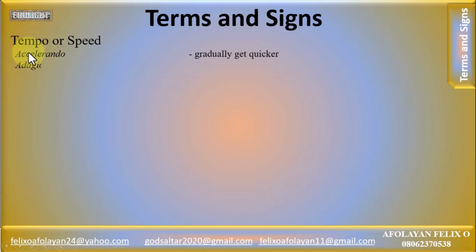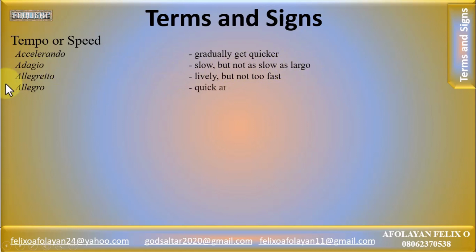This is accelerando. When you see accelerando in your piece of music, it's saying gradually getting quicker. Adagio is telling us slow, but not as slow as largo. Allegro, lively, but not too fast.